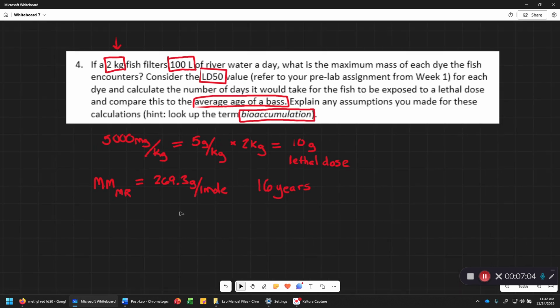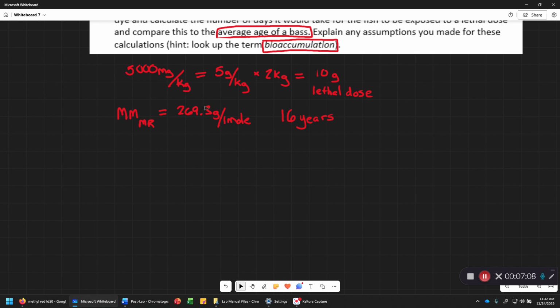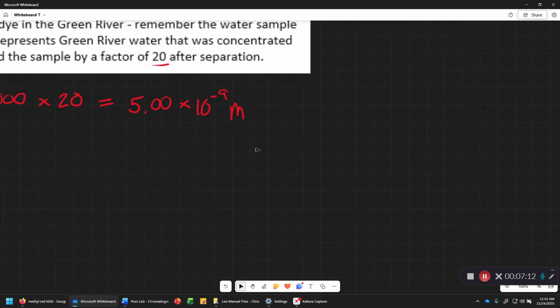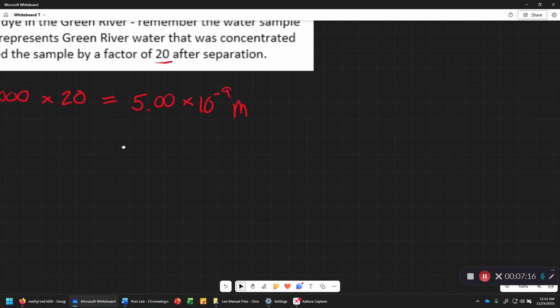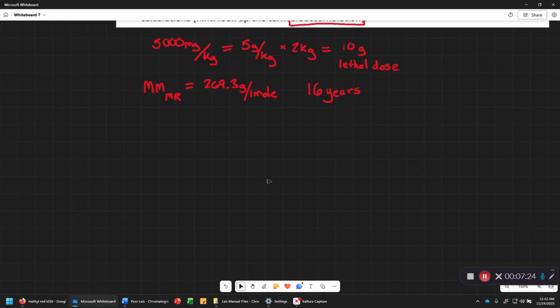So let's go up here a little bit, and we're going to be pulling numbers that we've written up here and also the concentration that we calculated. And that's actually the first step, the concentration of methyl red in the water is 5 times 10 to the minus 9. Again, you would want to use your own value for this, but that's what I got using my sample value.